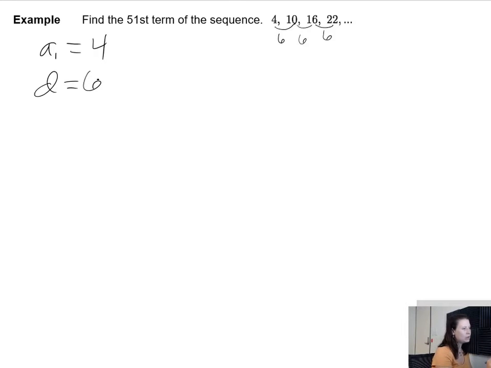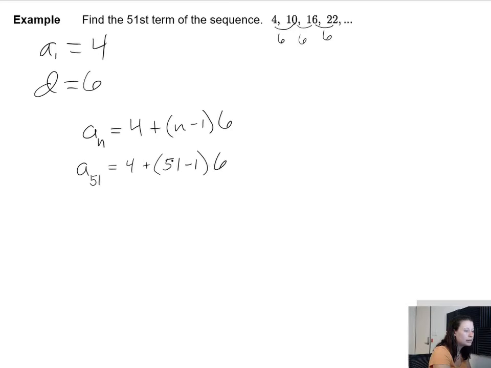All right, so now we set up our formula. an is equal to a1, so 4, plus n minus 1 times d, which is 6. We could simplify this if we wanted, or just leave it alone. I'd probably just leave it alone. So then we want the 51st term: 4 plus 51 minus 1 times 6.